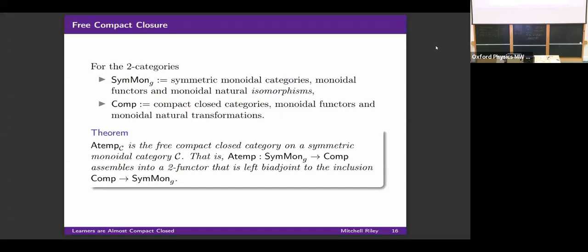And then this construction takes us from any symmetric monoidal category into compact closed categories, and this is left biadjoint to the inclusion going the other way. Right. So learners aren't free compact closed, but they are almost free compact closed.